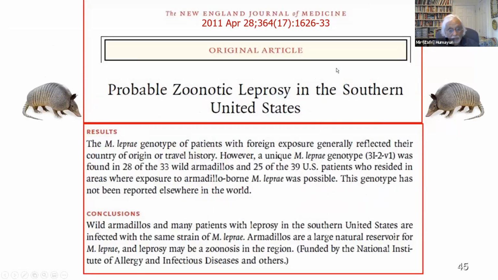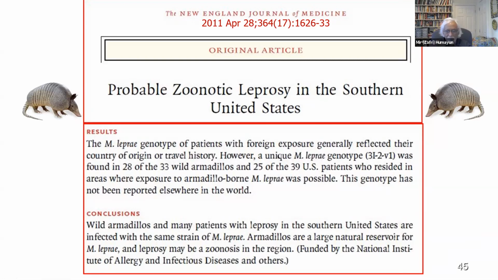Okay. Here we'll come to another surprising feature of Hansen disease, and that is the relationship between Mycobacterium leprae and a nine-banded armadillo. Okay. So it was discovered some 20 years ago, well, maybe 15 years ago. This report is from 2011.